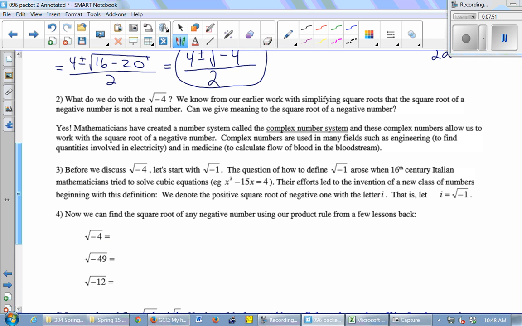But before we discuss, it's going to blow your minds, right? There are numbers that I've never heard of. That's crazy, right? But that's what happened throughout the history of math. Negative numbers blew people's minds when they were first invented. What do you mean negative numbers? How can you have a negative amount of something, right? But we started assigning a meaning to negative numbers that made sense to us.